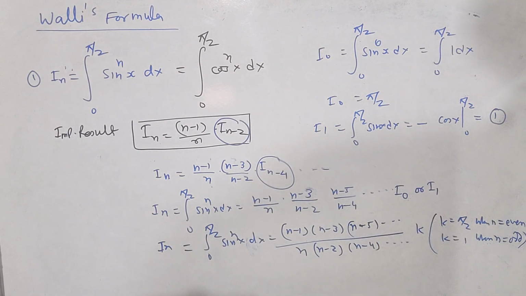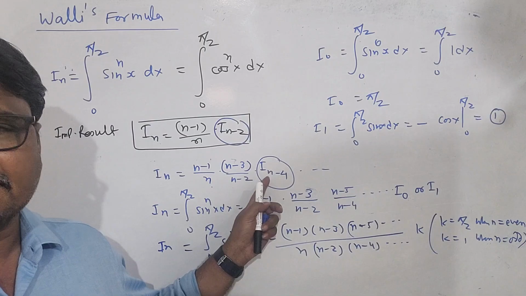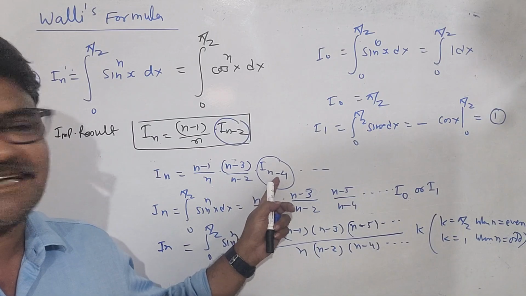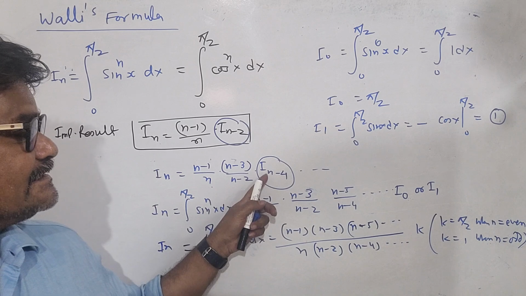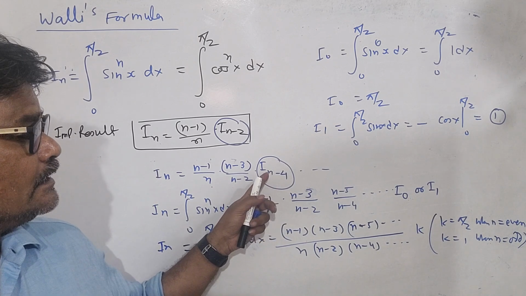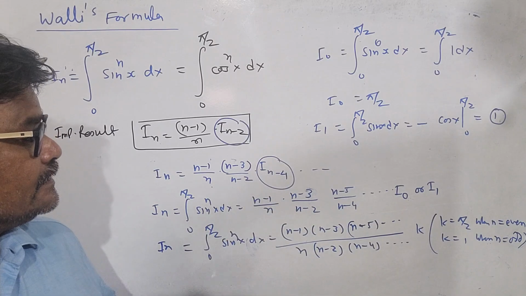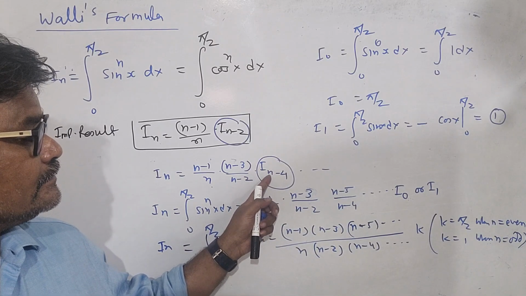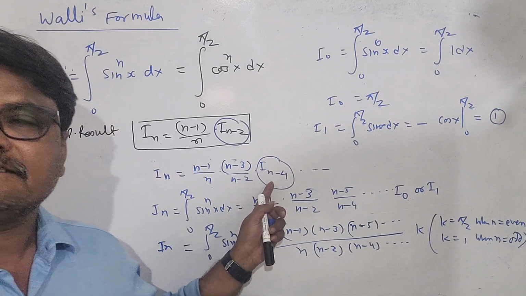Why odd? Suppose this is, say, at this time 5. N is 5 means 5 minus 4, that is I1. I1 is 1. Correct? And if n is 6, then 6 minus 4, that is I2. Then I2 is there. Then 6 minus 4 minus 4, suppose 4 minus 4, that will be I0.